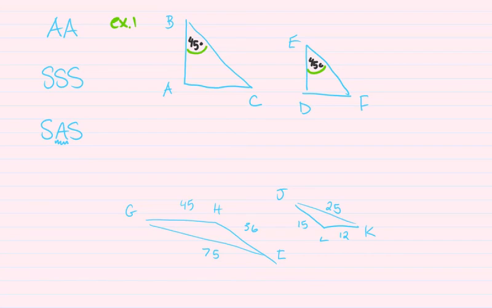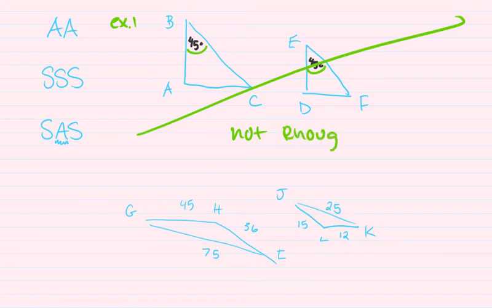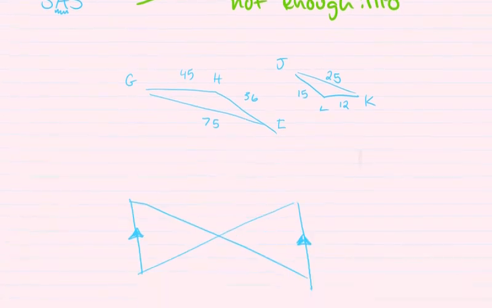I don't have any parallel lines. They aren't connected or overlapping. There are no vertical angles. So this one is not enough info. One other piece and I would have been fine. Alright, so let's move on to the next example.